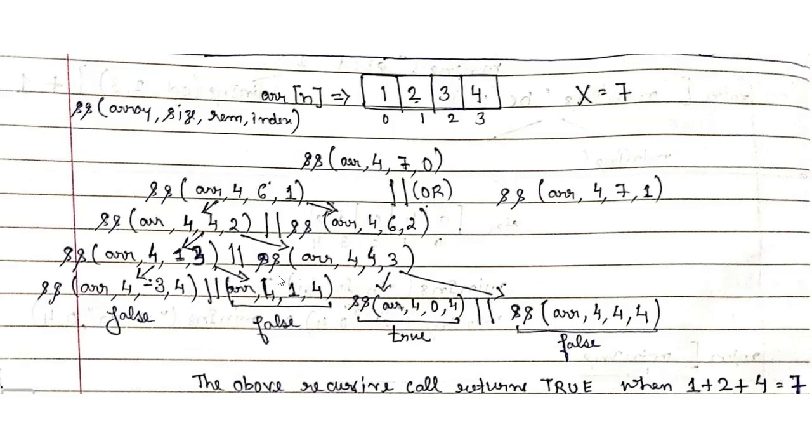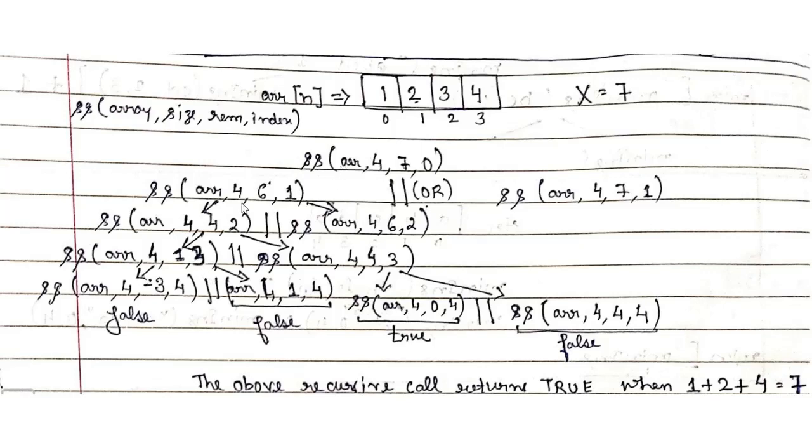Now I just want to tell you about this subset. What was this subset which returned false? This subset included 1, 2, 3, and 4: 1 plus 2 plus 3 plus 4. Again, what is this subset? I included 1, I again included 2, but I didn't include 3, but I included 4. So 4 plus 2 is 6, 6 plus 1 is 7. Wait a minute, no, I did something wrong.